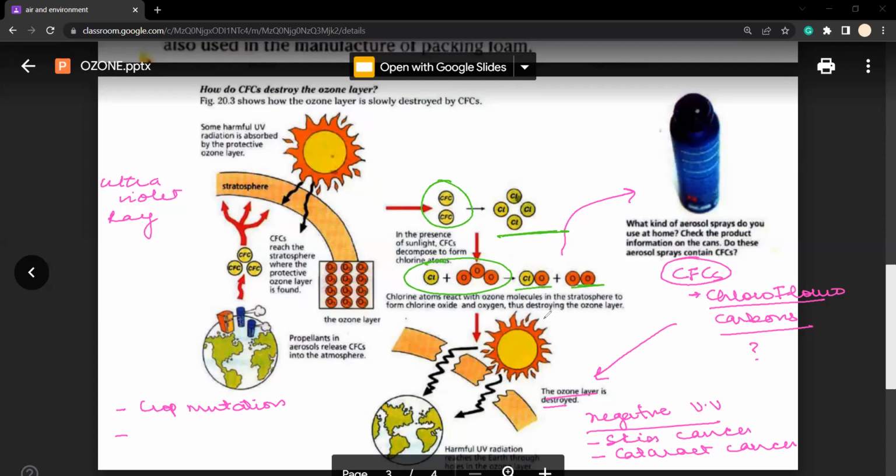And this breaks down the ozone layer, and that is how it gets destroyed. So this is how the ozone layer is depleted.